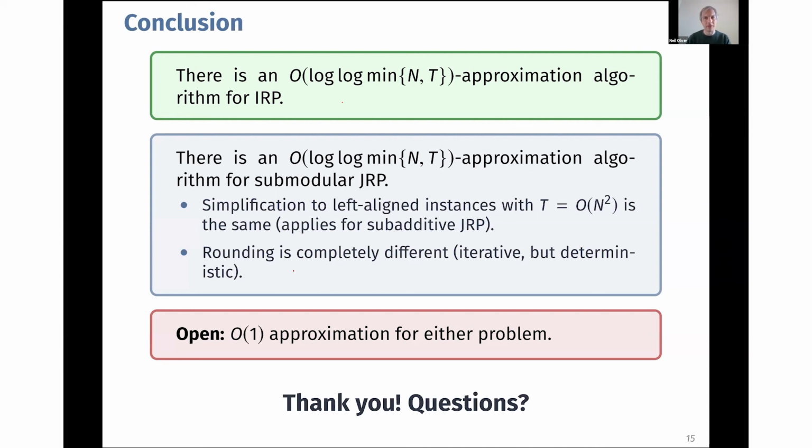I didn't even really talk about how the shifting procedure works for the laminar case, but if you're able to only shift these paths to earlier days, then everything is fine. But shifting to the right, because you only have the structure on the left endpoint, doesn't work. So you use an extra trick that basically allows you to only shift to the left, and then things work.